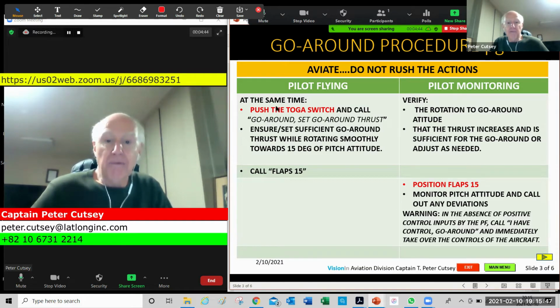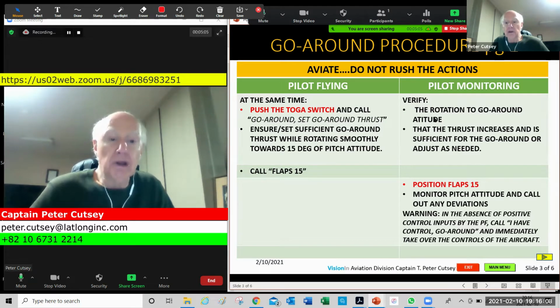So the pilot flying would push the TOGA switch and at the same time call, go around, set go-around thrust. He or she would then ensure sufficient go-around thrust while rotating smoothly towards 15 degrees of pitch attitude.